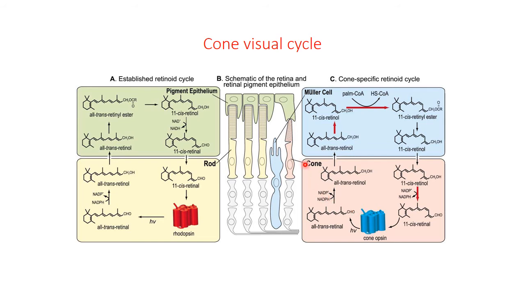So that explains in part why cones are able to operate even at very high light intensities, while rods can make use of only this very limited slow visual cycle. The cones can make use of this additional visual cycle that actually operates at much faster rates, so it can sustain regeneration of 11-cis retinal at much higher rates in cones.